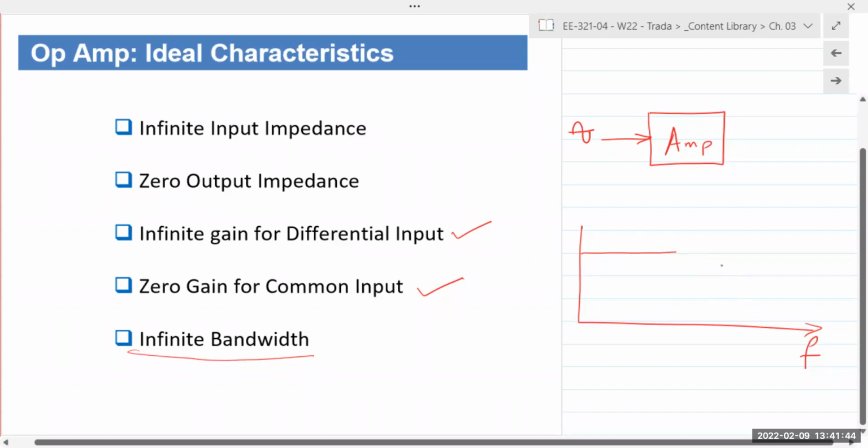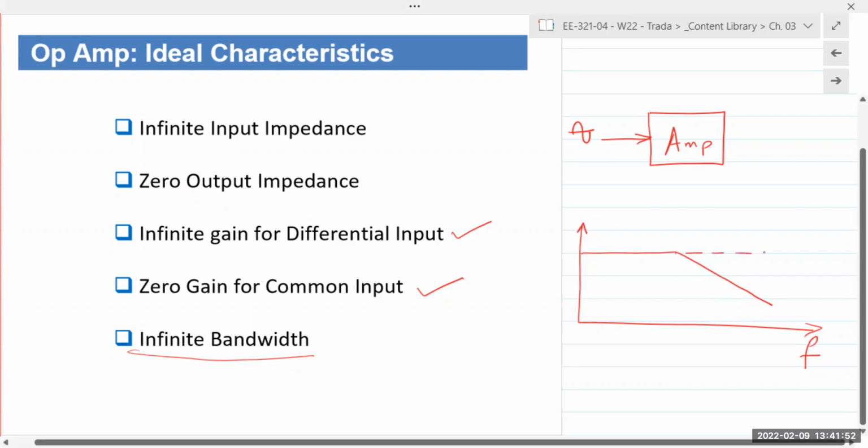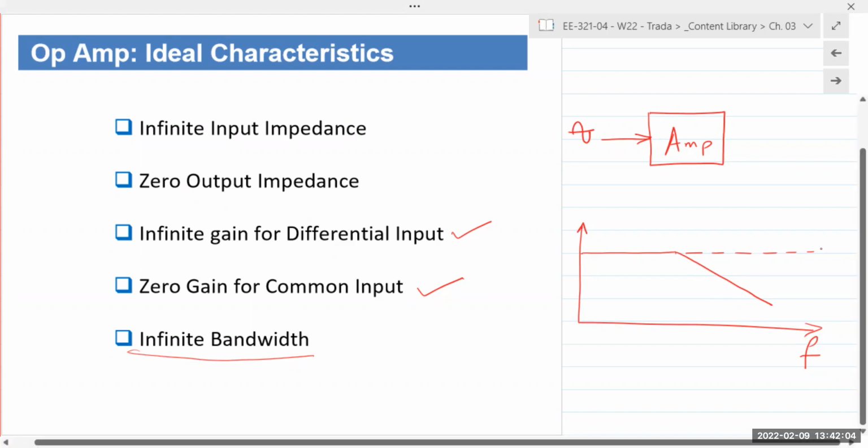So open loop gain will taper off for real life op amps, but for ideal op amps, it remains constant. So infinite bandwidth in that sense, meaning you could give any frequency input to the op amp, and it'll amplify it without any issue.